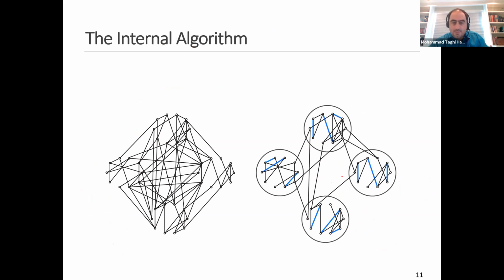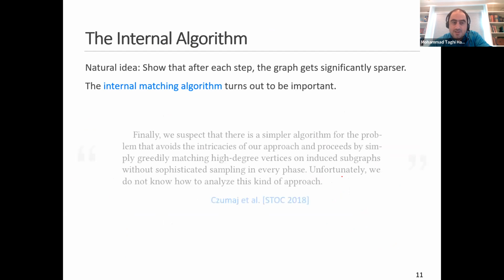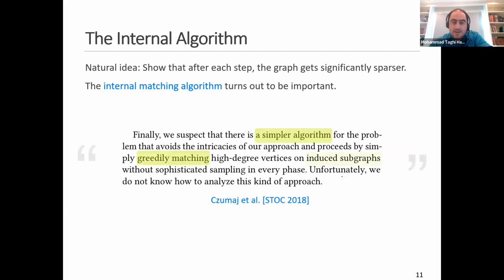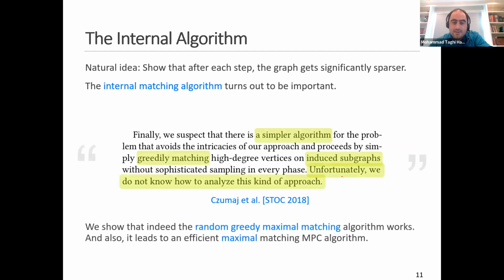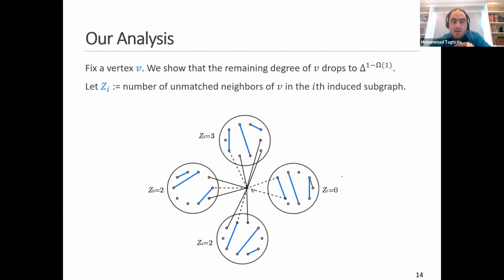As I mentioned, we are running this, partitioning on each of them, and finding a maximal matching. And this is the main thing that we want to say. What do we show?